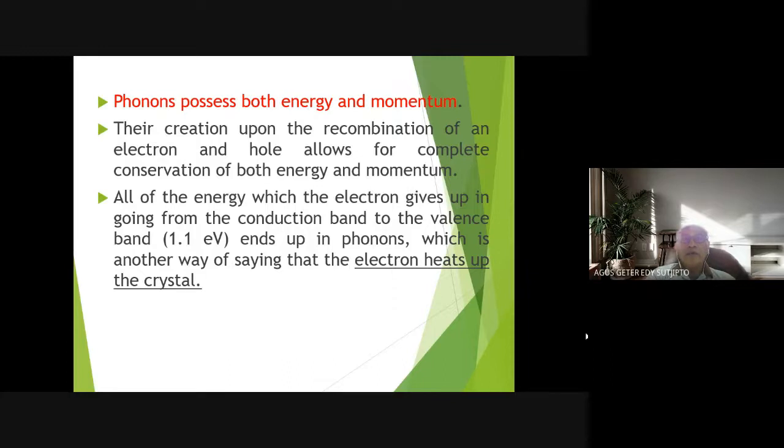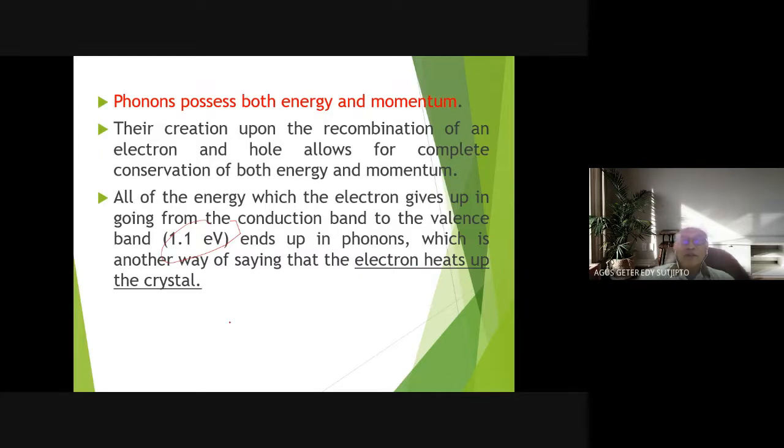The creation upon the recombination of the electron and hole allows the complete conservation of both energy and momentum. Like in silicon with 1.1 electron volt, we can say the electron heats up the crystal.